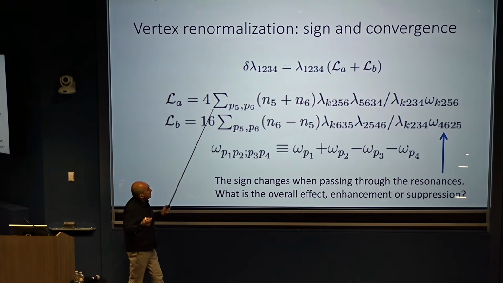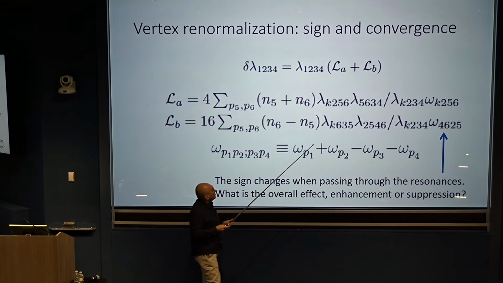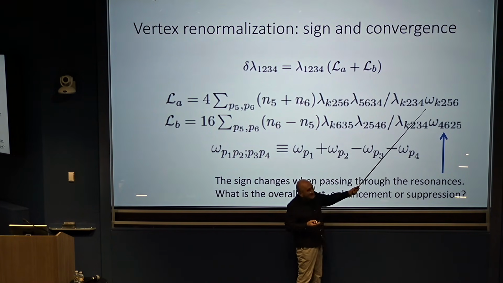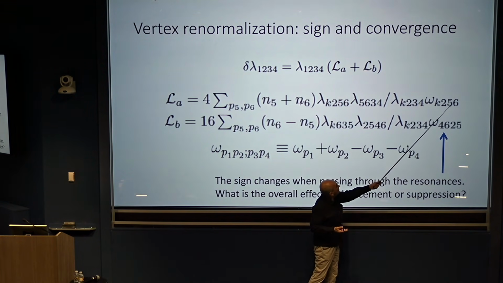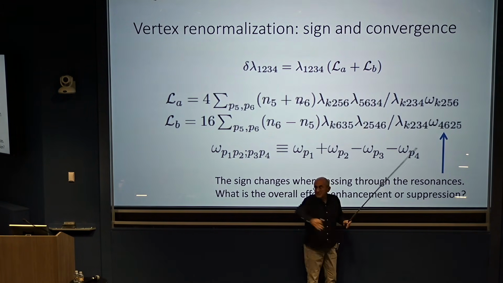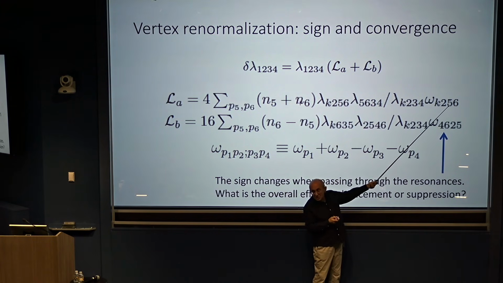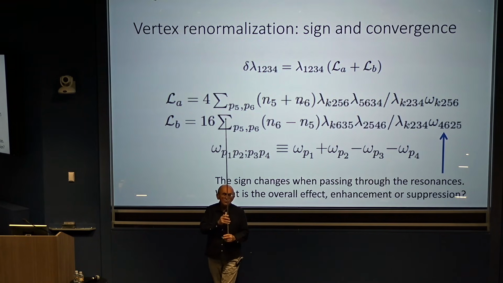And the first simple question that I ask is whether it's positive or negative, whether I enhance the interaction or suppress it. Then I immediately see, as anybody who did perturbation theory knows, that there are denominators made out of omegas. And they contain this 5, 6. And 5, 6 run from 0 to infinity, technically, or from source to dissipation. You immediately recognize that it changes sign. It's a very simple physics, at least the way that I intuitively understand.